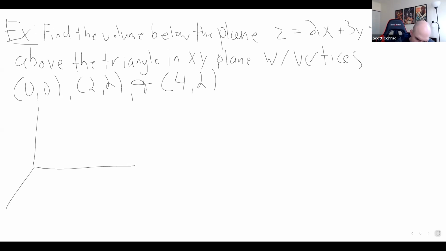So in the xy plane, we have the triangle with vertices 0, 0, 2, 2. So 2, 2, and 4, 2.